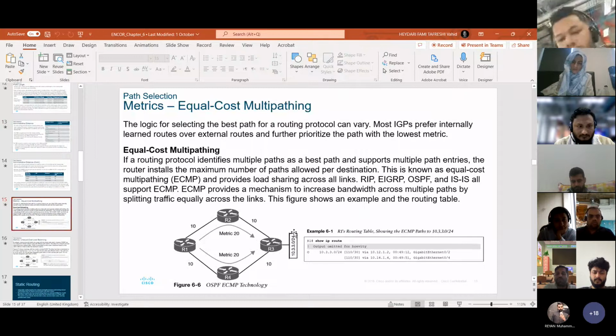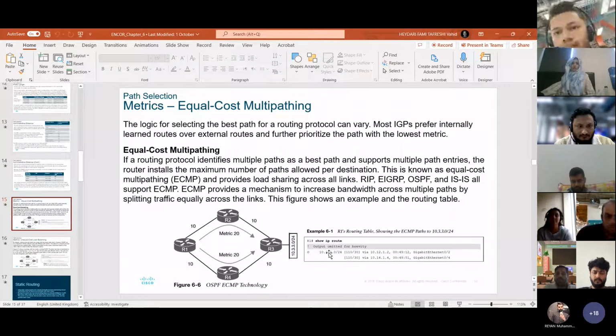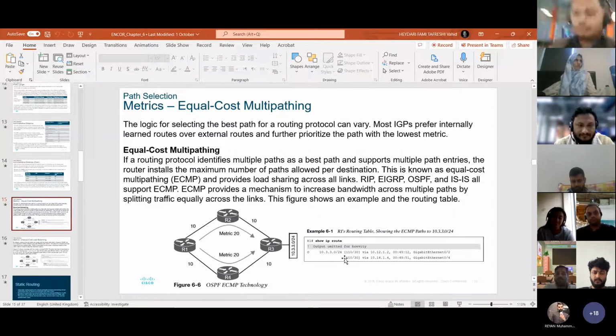Inside your routing table, for each route, you see one bracket, and inside the bracket, you see 2 values separated by a slash. The first value is always AD, administrative distance. The second value is the metric. So this number 30, by the way, is wrong. Make sure that you put it in your notes.